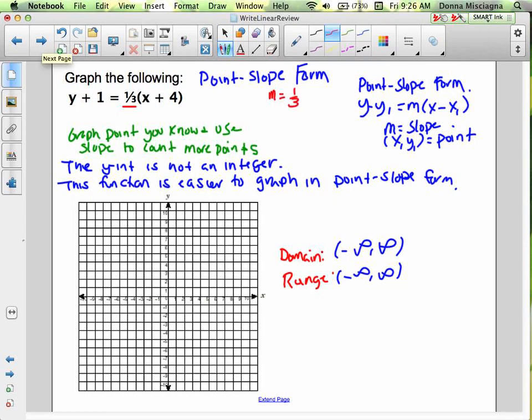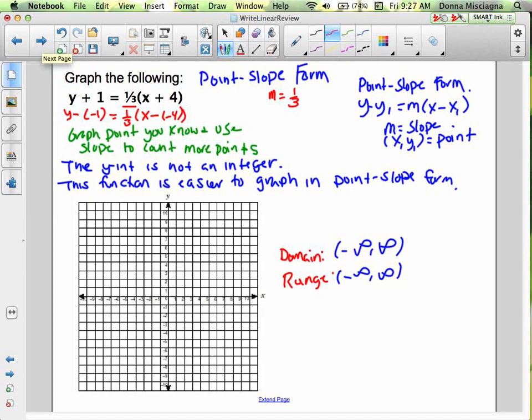I see plus signs. That means that this equation is really y minus a negative 1, that's what gave us the plus, equals 1/3 times x minus a negative 4. There we go. I got the right number of parentheses.